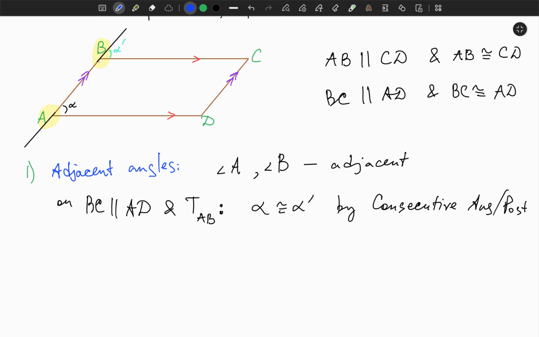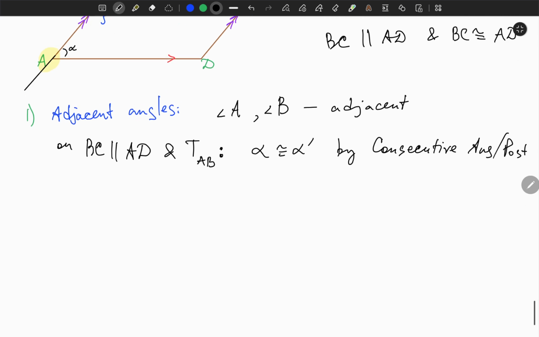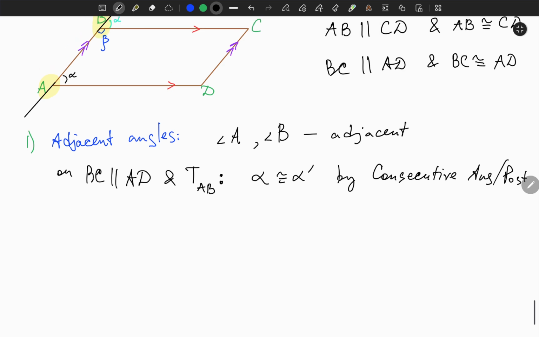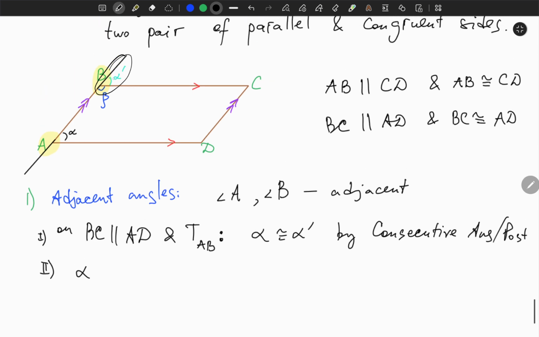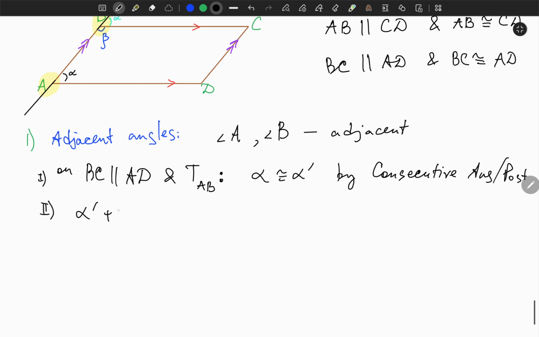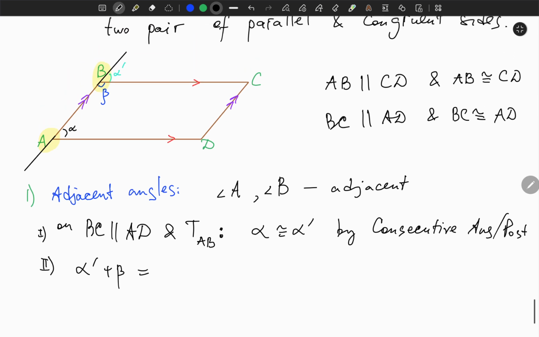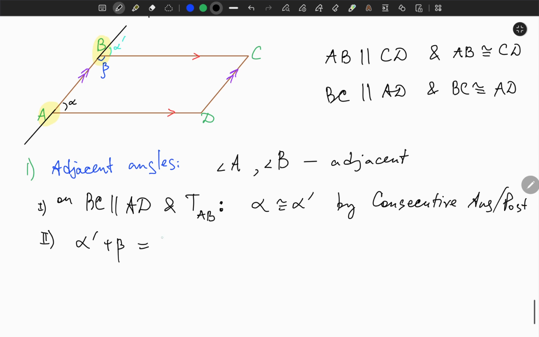Now let this angle be some angle beta. So what do we know? Alpha and beta, how do they relate? They're on a straight line. So alpha prime plus beta is on a straight line, which means they are supplementary.